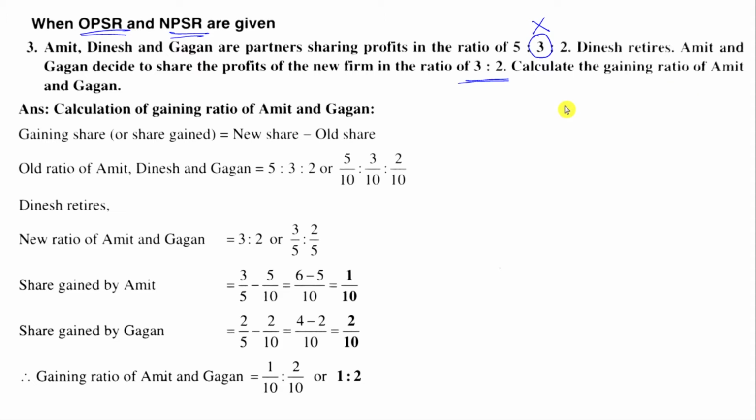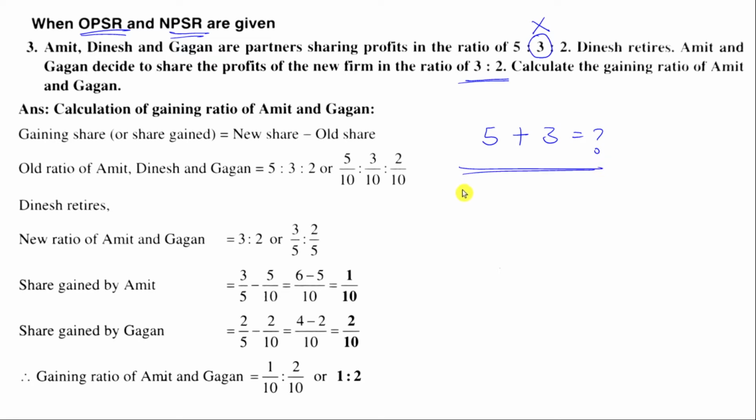In the previous problem, they used to give the gain ratio and old ratio, and we needed to find out the new profit sharing ratio. But in this problem, I'll tell you with an example how they're asking. Previously they used to ask like this: if you have 5 plus 3, what is the answer?